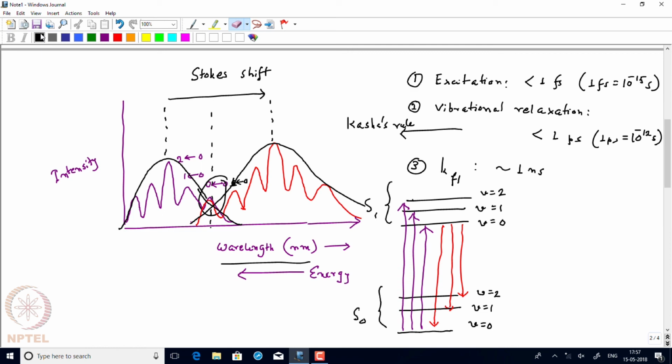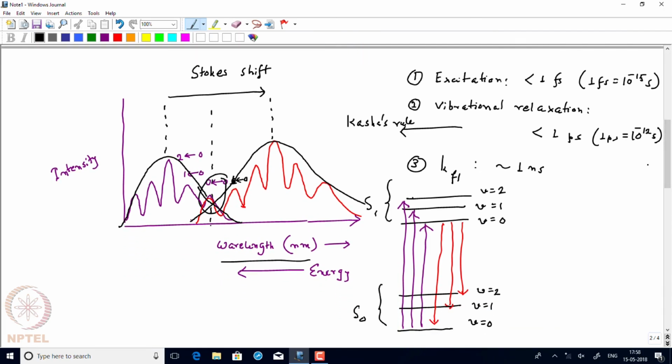And so, there is a characteristic shift of the fluorescence spectrum with respect to the absorption, and this extra energy shift means extra energy has gone somewhere. This has been accounted for by the vibrational relaxation and all other non-radiative processes, because everything will come back again to the ground state, and due to this vibrational relaxation, that extra energy can be accounted for.